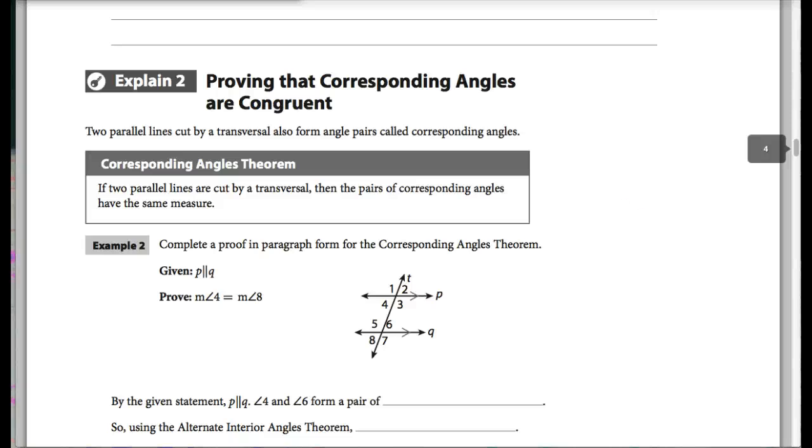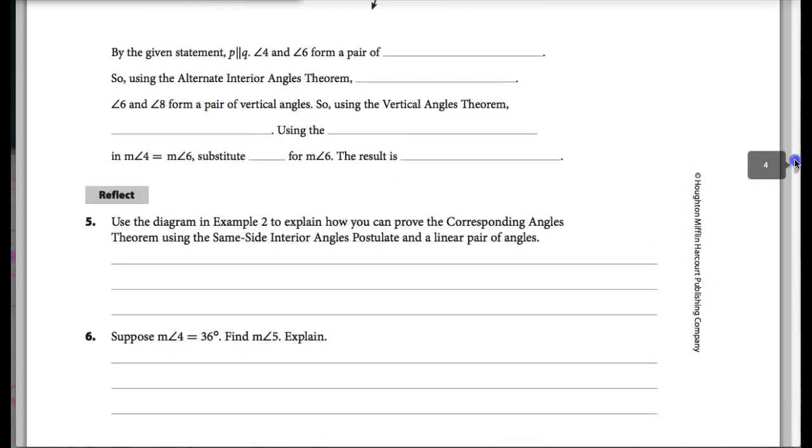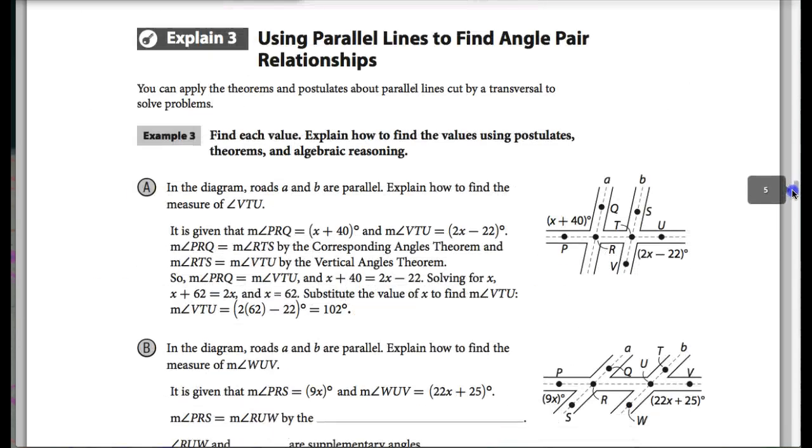And then over here, this is again what I just explained to you earlier. Corresponding angles, I told you where they are, and they measure the same. Okay? So same thing. Now this is the one that I want you to think about. You have to find each value and explain how to find the values using postulates, theorems, and algebraic reasoning.